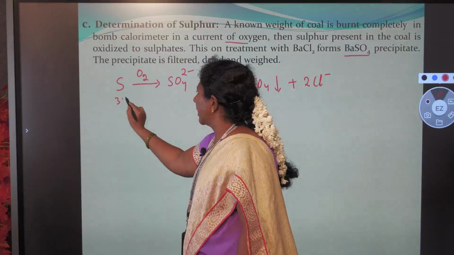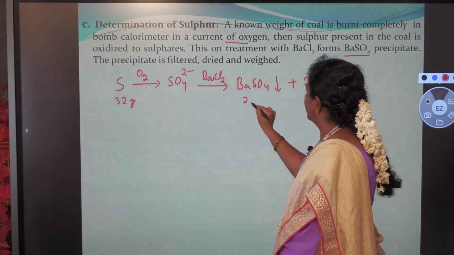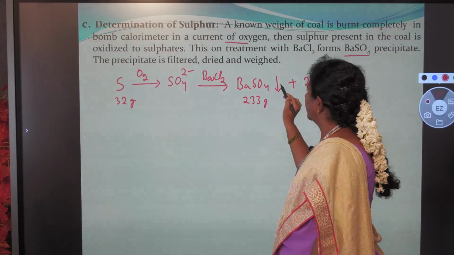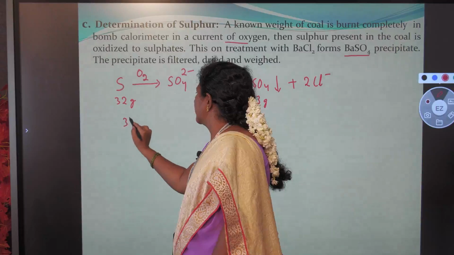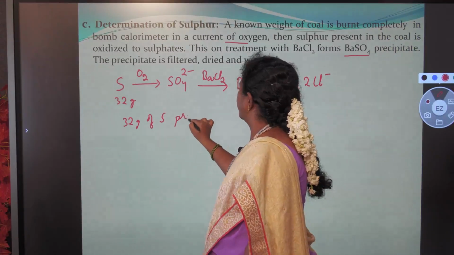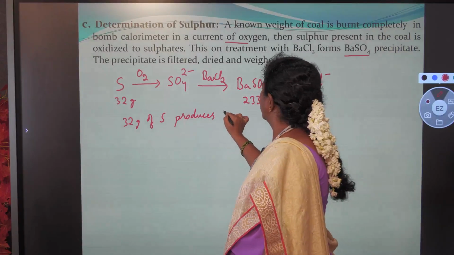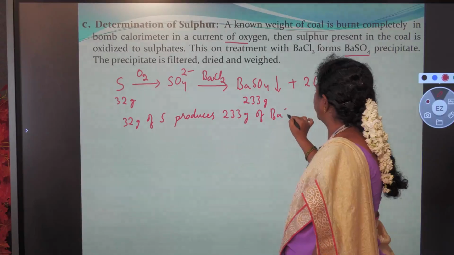So 32 grams of sulfur forms a precipitate of 233 grams. That means 32 grams of sulfur produces 233 grams of barium sulfate precipitate.